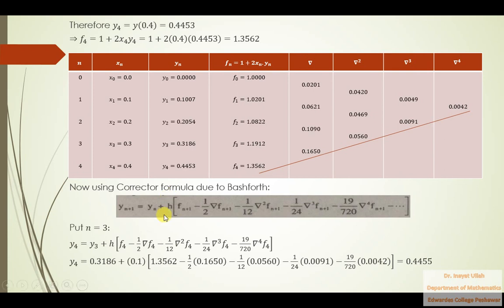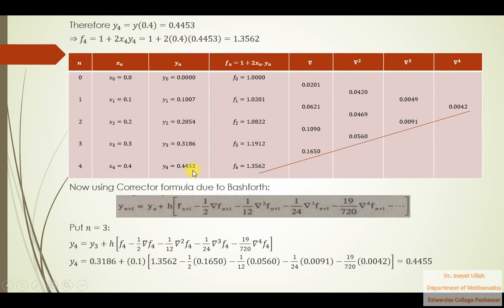It is the same formula, but we need the new value of y4 in place of the previous y4. You see, this is y4, 0.4453, and this is the previous f4, 1.3562.